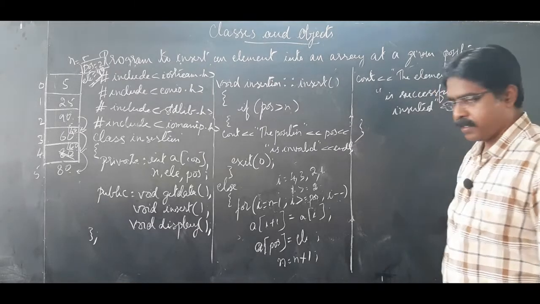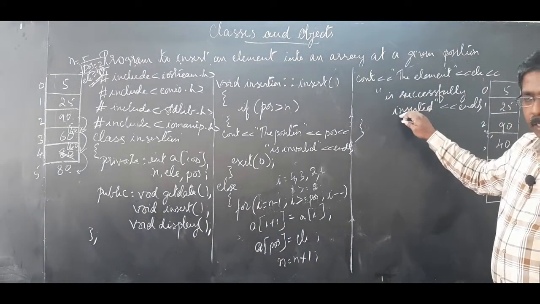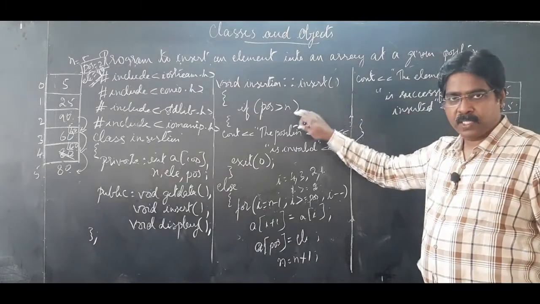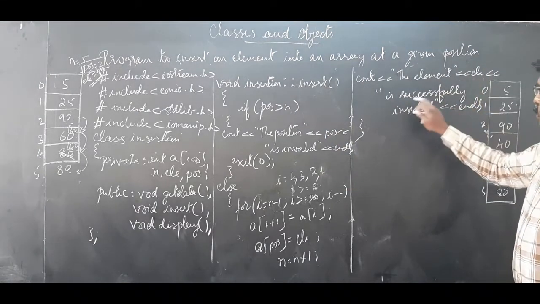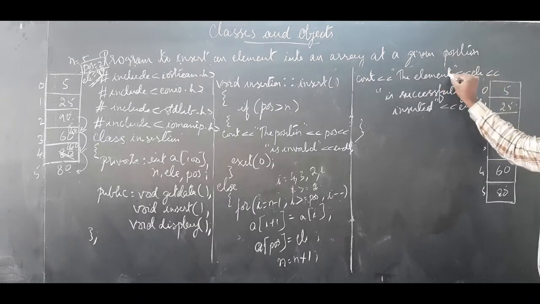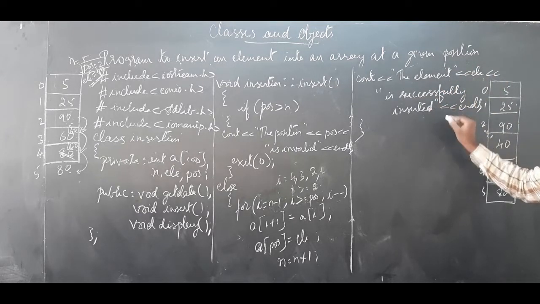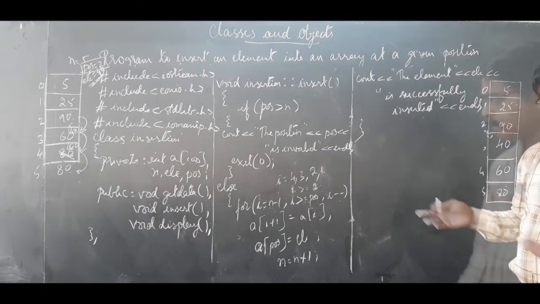I close the flower bracket. This will be the coding for the logic part, that is the insert member function. The element ELE is successfully inserted. So whatever element, 90 for example, we have taken, the element 90 is successfully inserted. I am not mentioning the position, it is understood that it has been inserted.